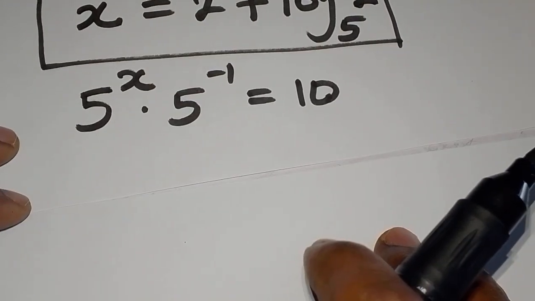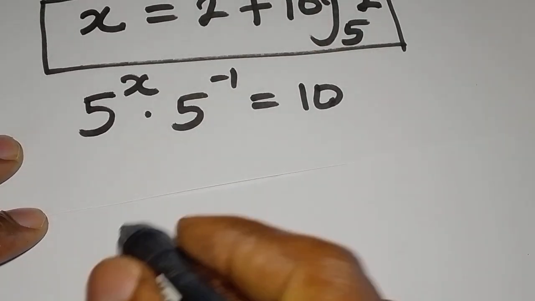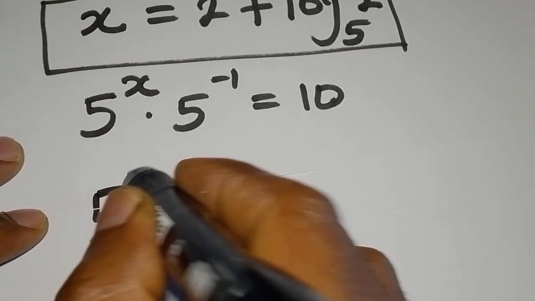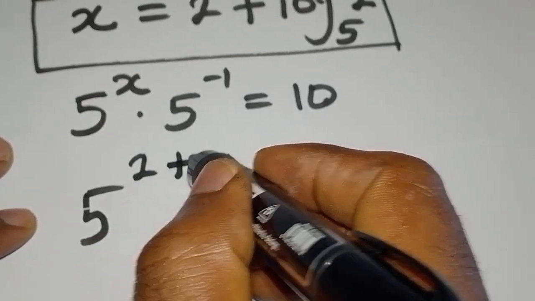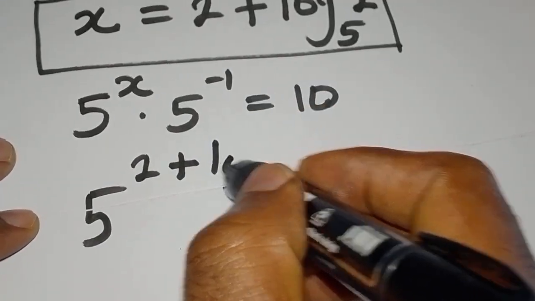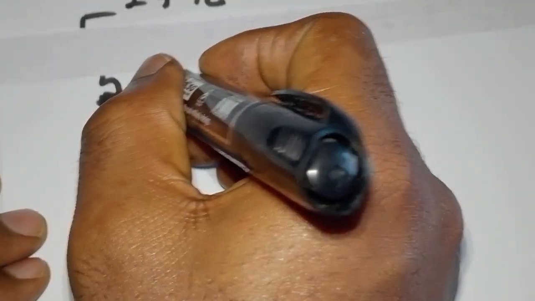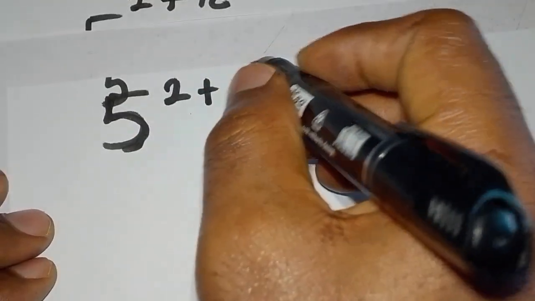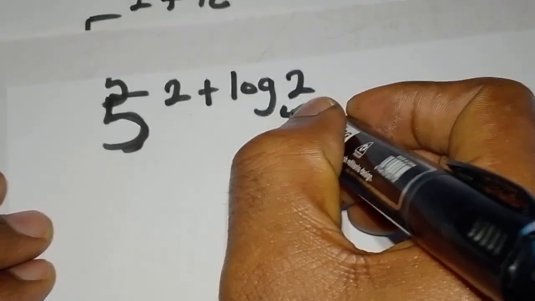We now have 5 to the power of x, and our x is 2 plus log 2 to base 5.